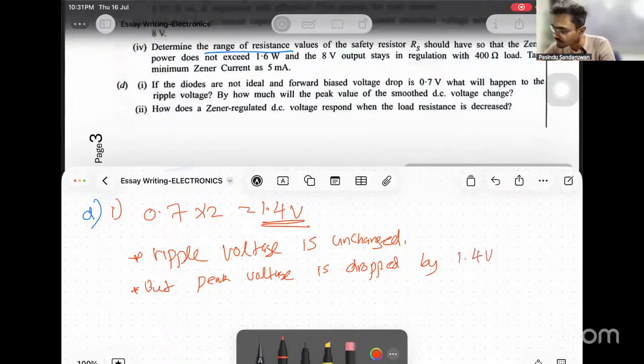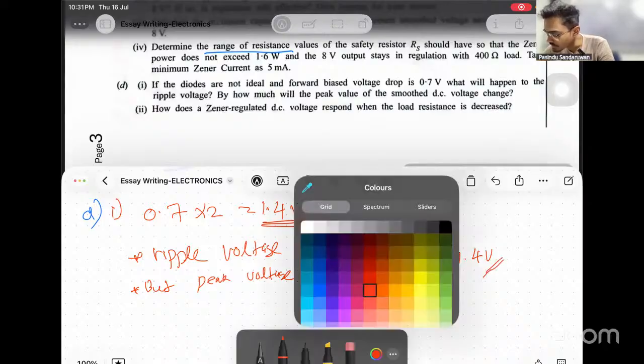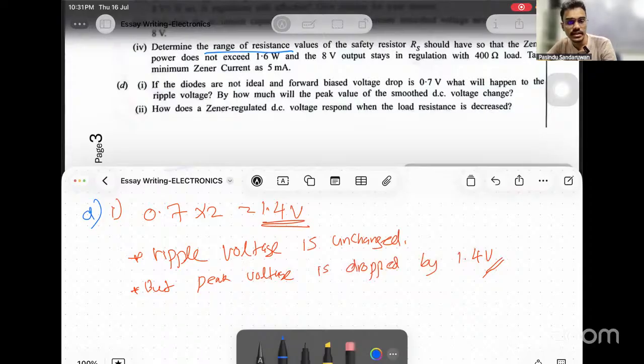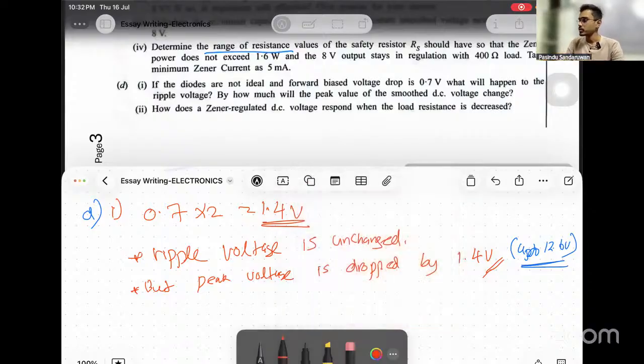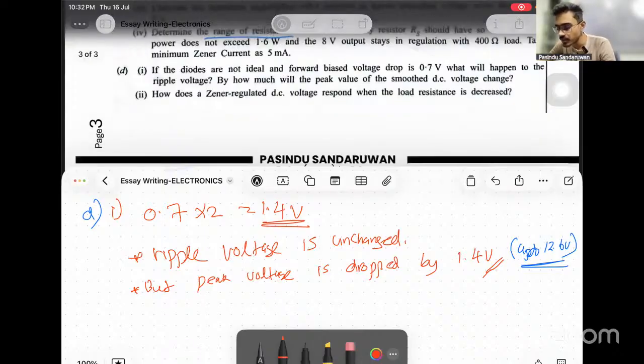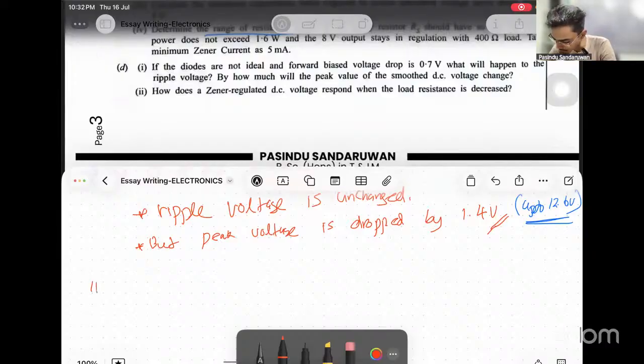Drops by 1.4 means it drops from 14, so 14 minus 1.4 is 12.6 volts. This is what's happening, because 2 non-ideal diodes are activated now. They absorb 2 voltage drops.